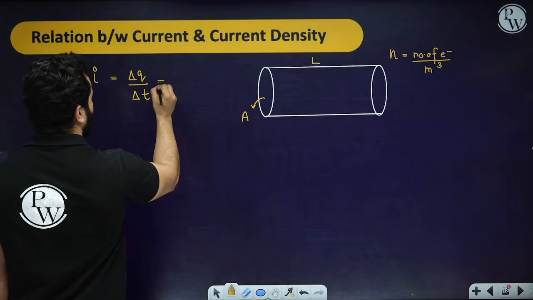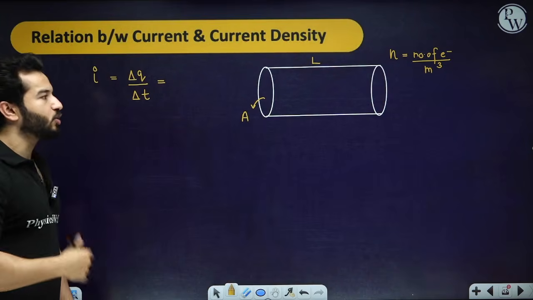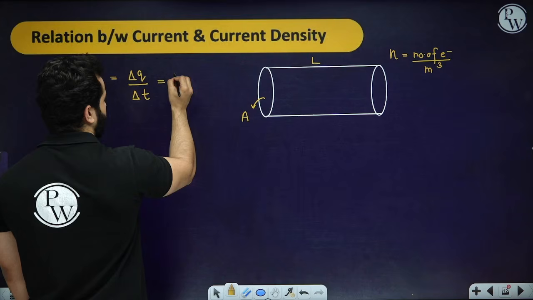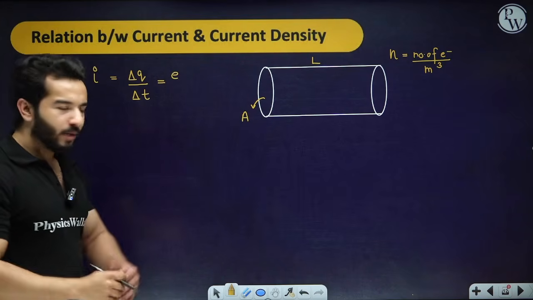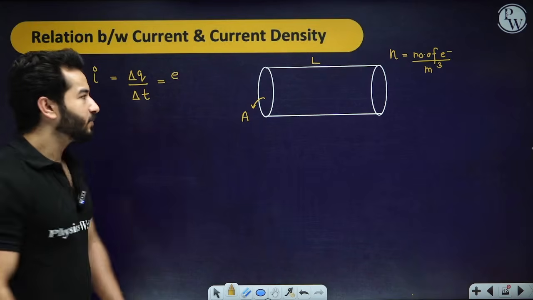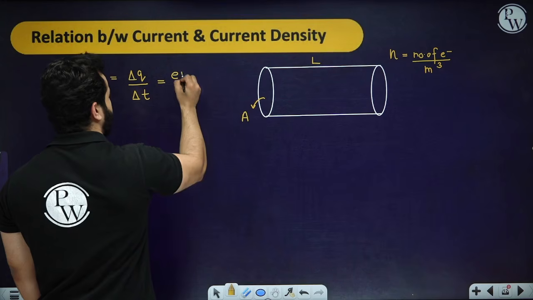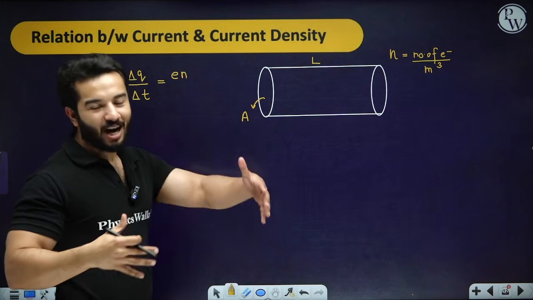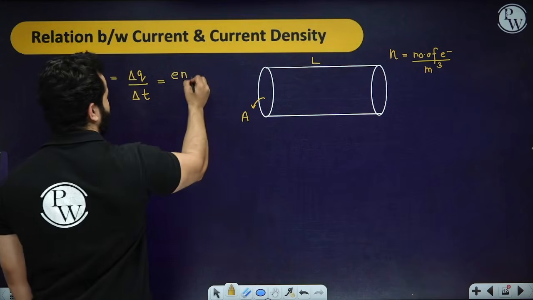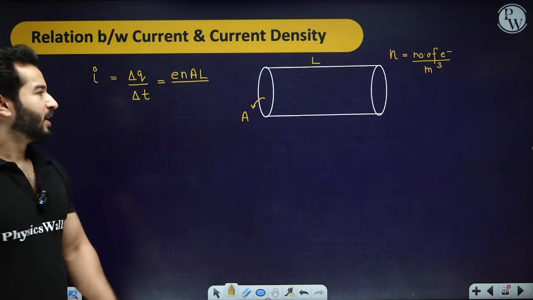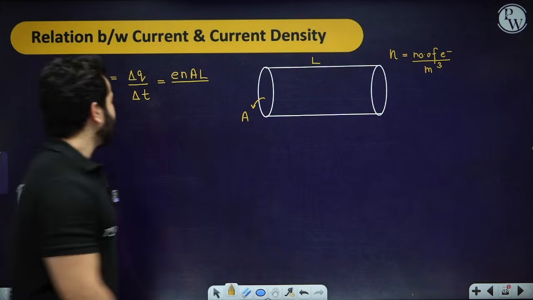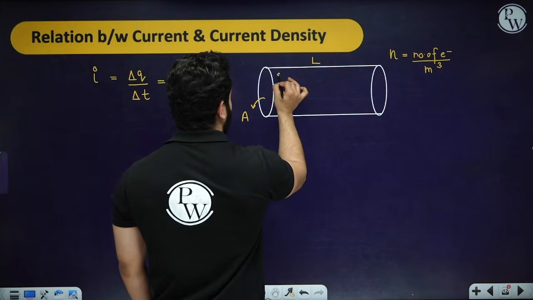So delta Q will be written as the total charge. What is the total charge? One electron has charge e. And how many electrons are there? In 1 meter cube there are n charges. And how much volume is there? The volume is A into L, divided by delta t, the time taken by an electron.